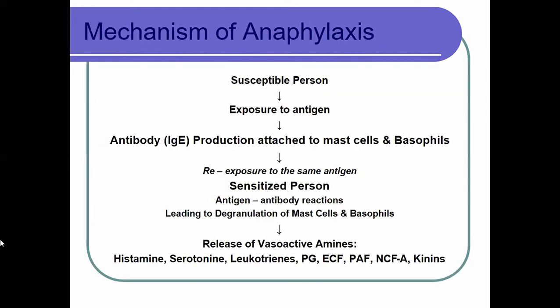Okay, so what is the mechanism behind the development of anaphylaxis? We have the susceptible person, which is you. So you are exposed now to the antigen. Upon exposure to the antigen, there is immunoglobulin E production, and this is attached to the mast cells and the basophils.